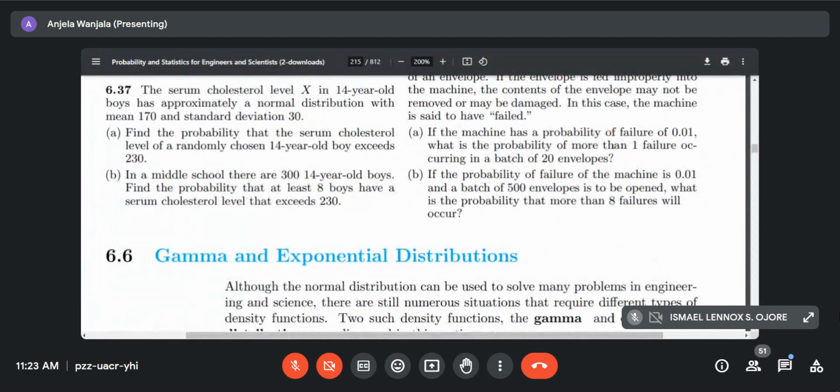Now, exponential is a special case of gamma, by the way, and exponential is also useful in modeling queuing theory. You see queues in banks and elsewhere. We can model them using exponential distributions. Exponential is a continuous distribution, and it is also related to Poisson.